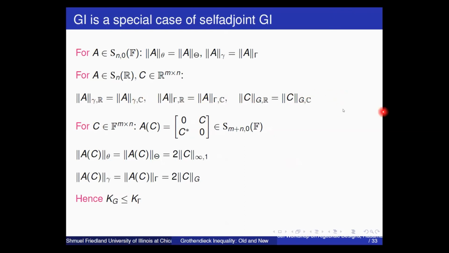Now, if you remember the trick, from a complex matrix you introduce a self-adjoint matrix like that, and then you can show that the small theta norm equals the big theta norm, which is twice the standard infinity-to-one norm, and the capital gamma norm is twice, and therefore we deduce that the Grothendieck constant is less than or equal to this constant.